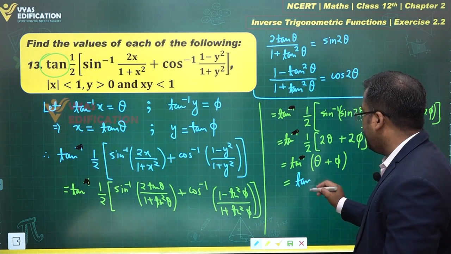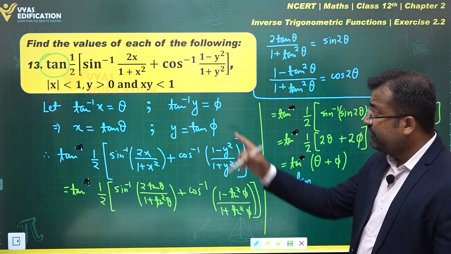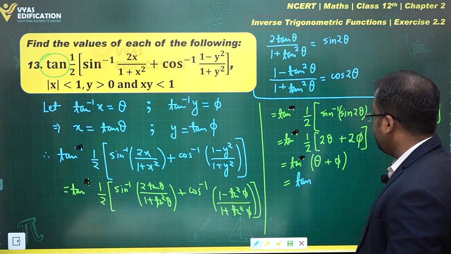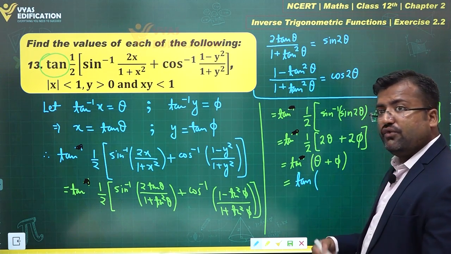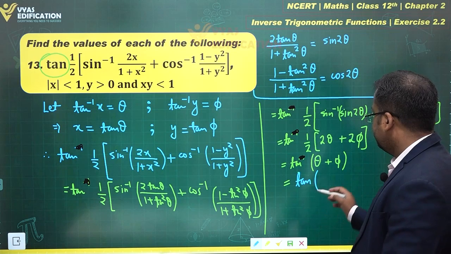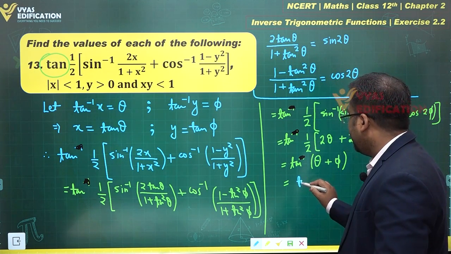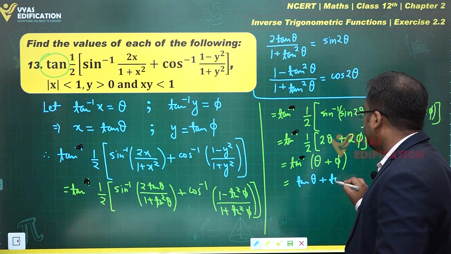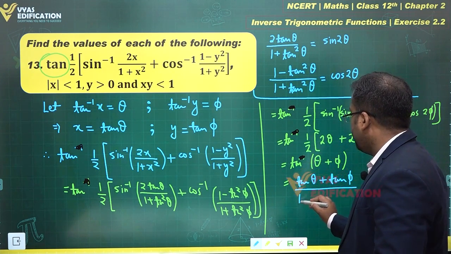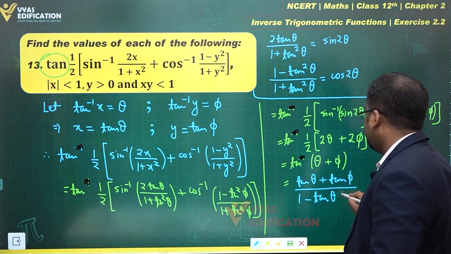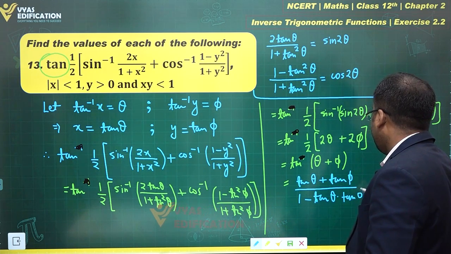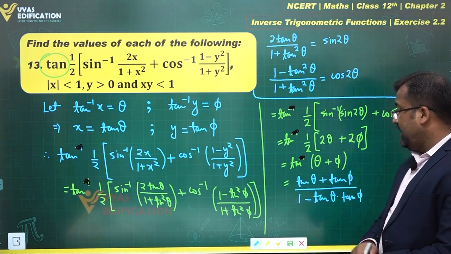This is tan of theta plus phi, noting the question properly. I can write tan of theta plus phi as tan theta plus tan phi over 1 minus tan theta times tan phi. And what will this be equal to?